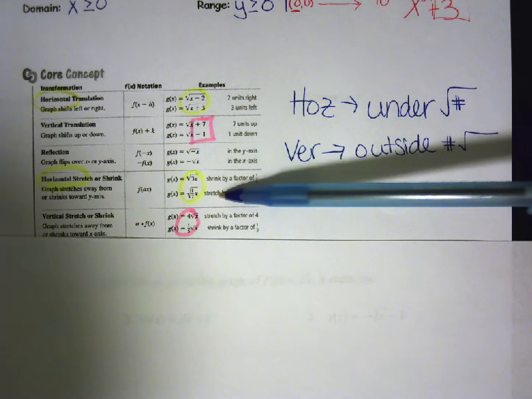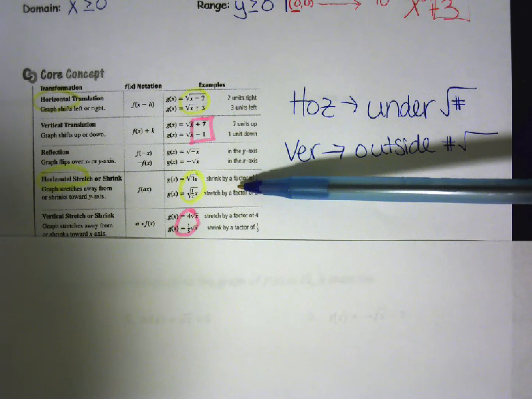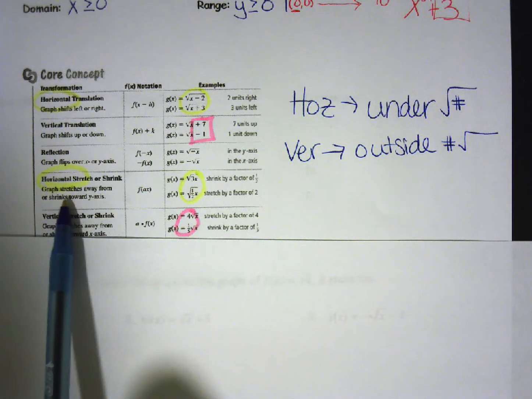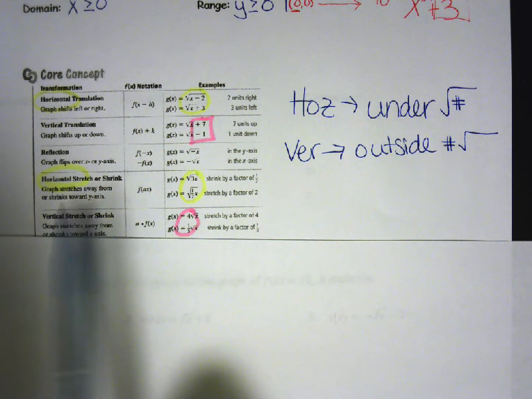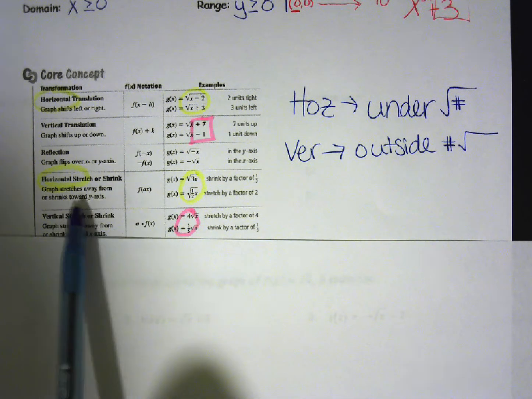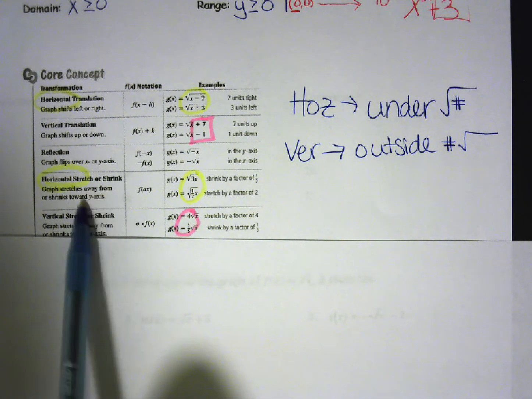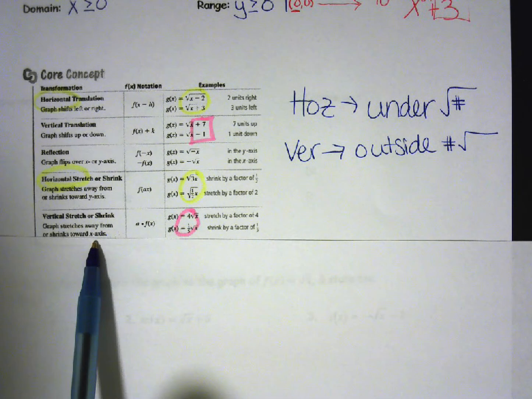But horizontals, remember, you have to use the reciprocal. So just remember that. And I wish we were in class and had a little more time because we could do a little exploration about why this is, but right now we just don't have a lot of time. A lot of it has to do with which axis it's being pulled towards. See how this is the y-axis and this one is the x-axis.